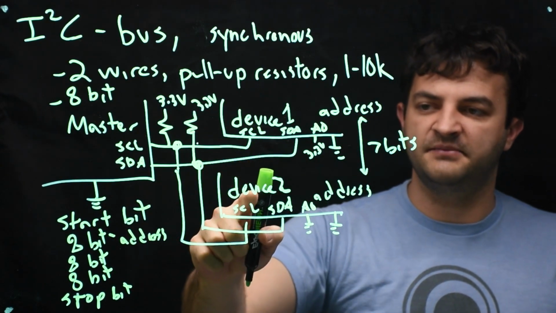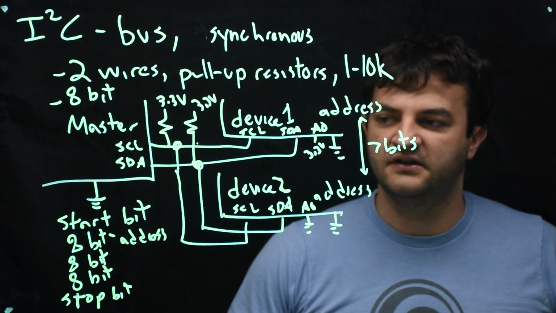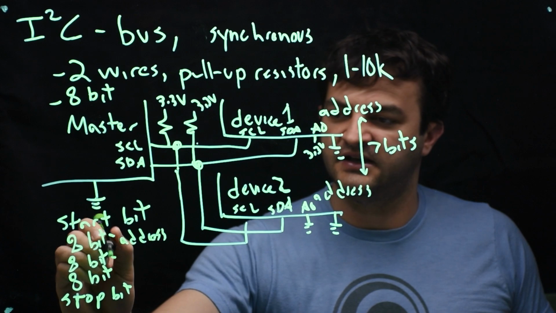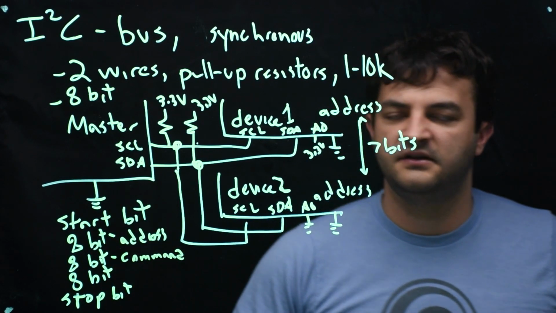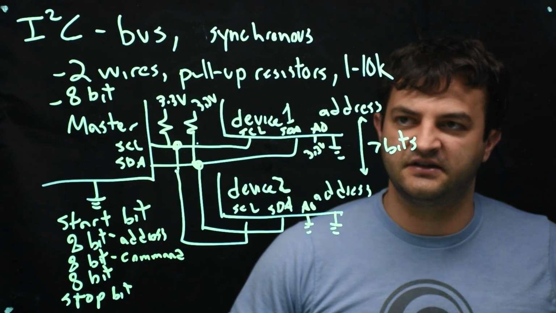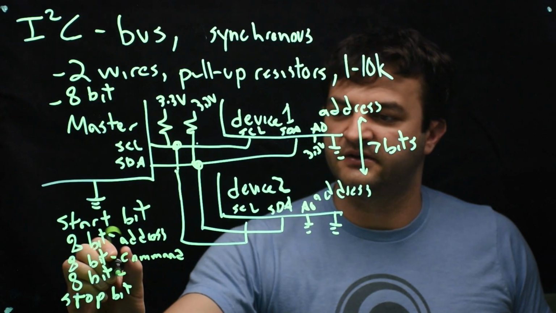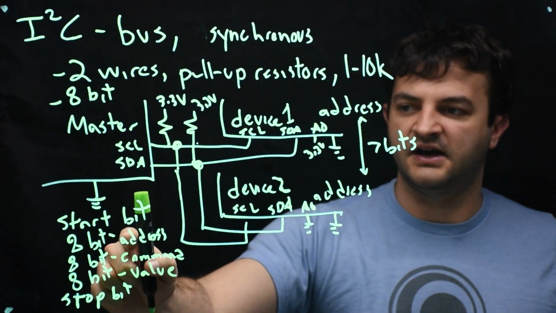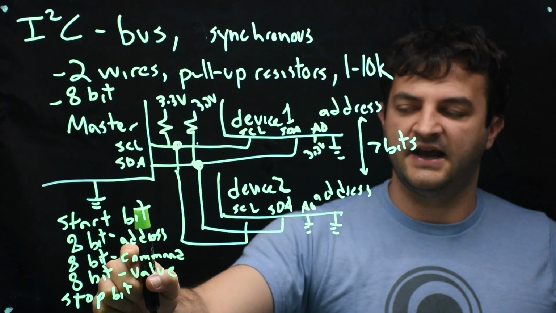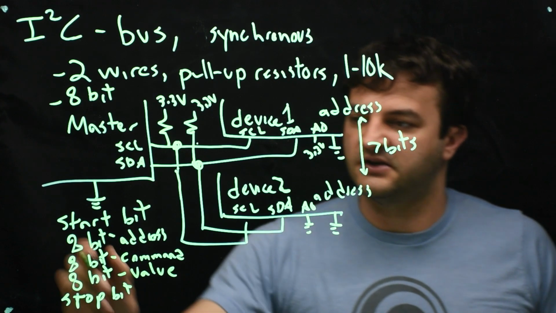The chip that is not being addressed will then stop listening, and only the device with that address will continue to listen. The next byte is usually a command, like I would like to change this value of your memory, and then it'll send the value. So a start condition, specific chip, the address inside of the chip that you want to change, and then the value that you want to change it to. So that's a write.